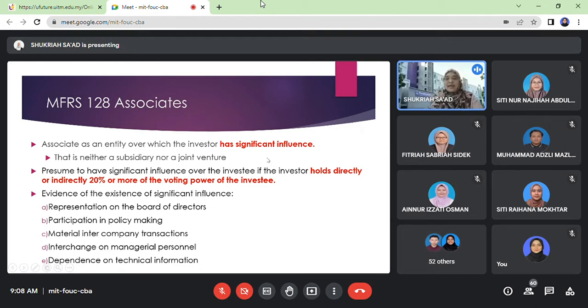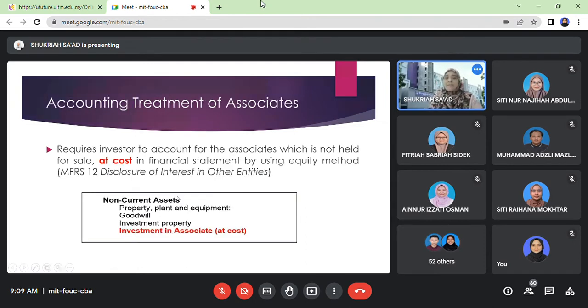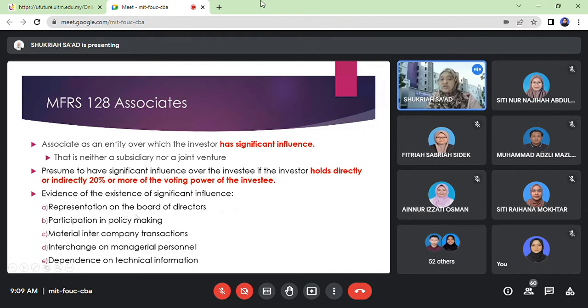If you say that they have significant influence, what will be the evidence? Some of the evidence will be representation on the board of directors, and participation in policy making. Participate only, but they don't have control over the policy. The word is always participate.